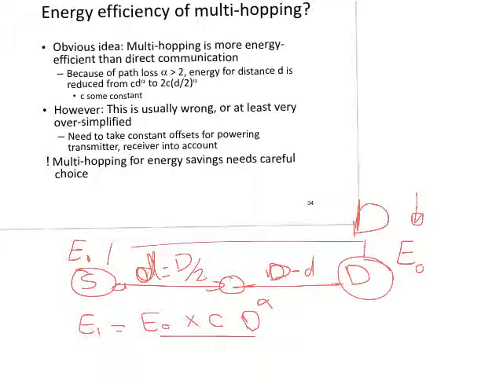So let's see if we have relaying, then the amount of energy is actually the energy that the source needs to send to this node plus the energy that this node uses to send to the destination, right? Let's say this is the relay. So E1 relay plus E relay, right?